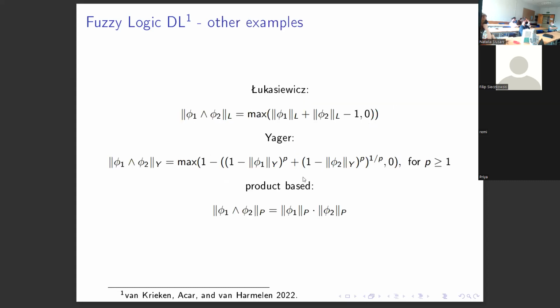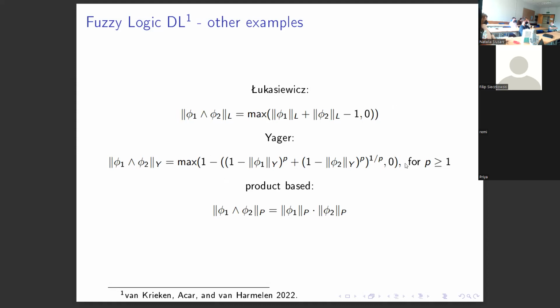Now, there are a lot of other examples in logic. These are some of the more common types of definitions for conjunction. So first we have Łukasiewicz. This is fairly simple in that it's a maximum of this term and 0. I think I have one additional parenthesis, so ignore that.